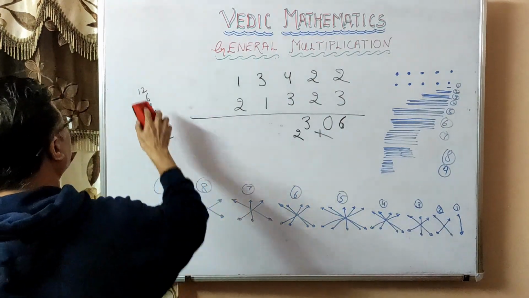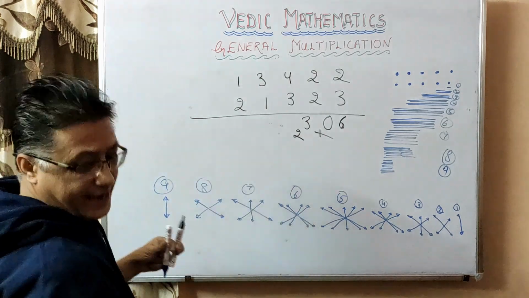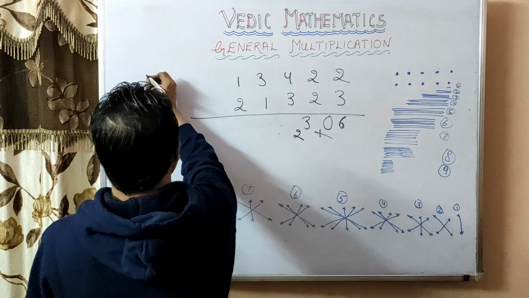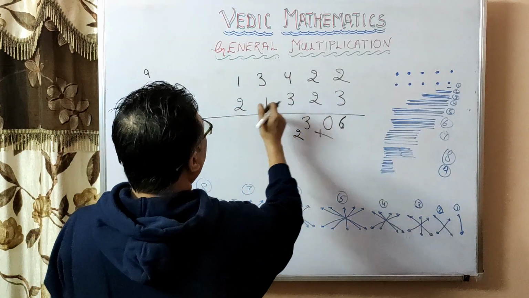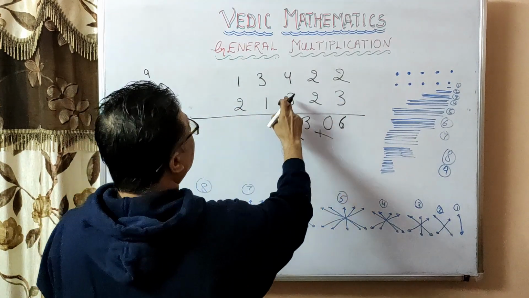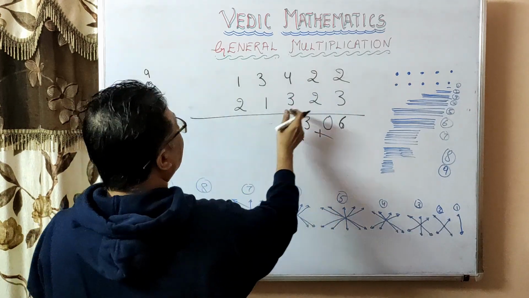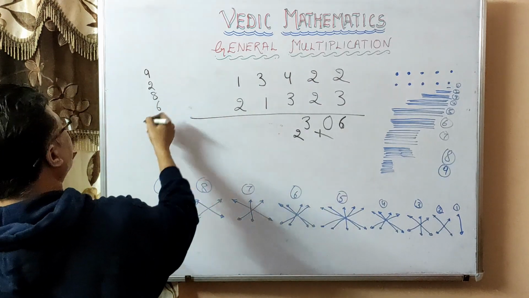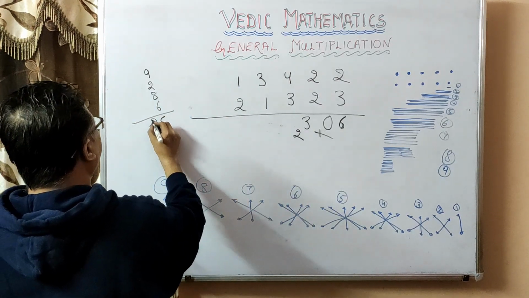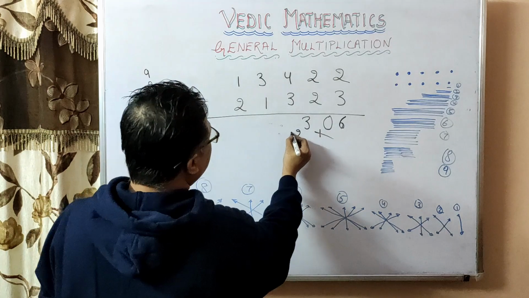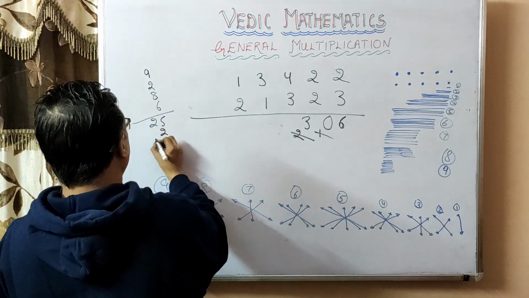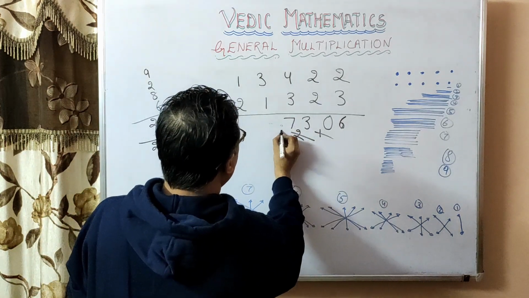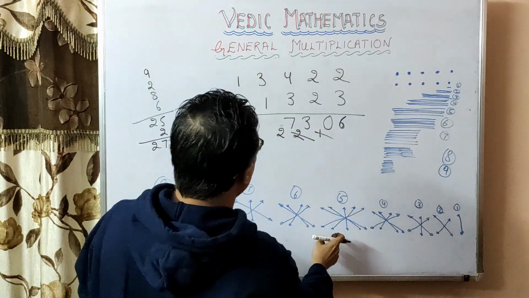So now in step 4, what do we have? 3 multiply 3 is 9, then 2 1s are 2, then 4 2s are 8 and 3 2s are 6. 9 and 6 is 15, 8 and 2 is 10, so this is 25 and 2 is carried forward, so it is brought here, so we have 27. So I have 2.